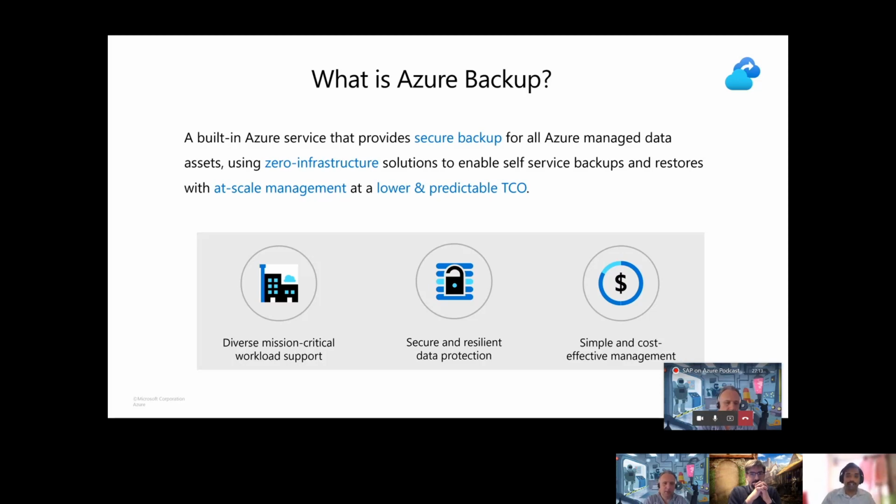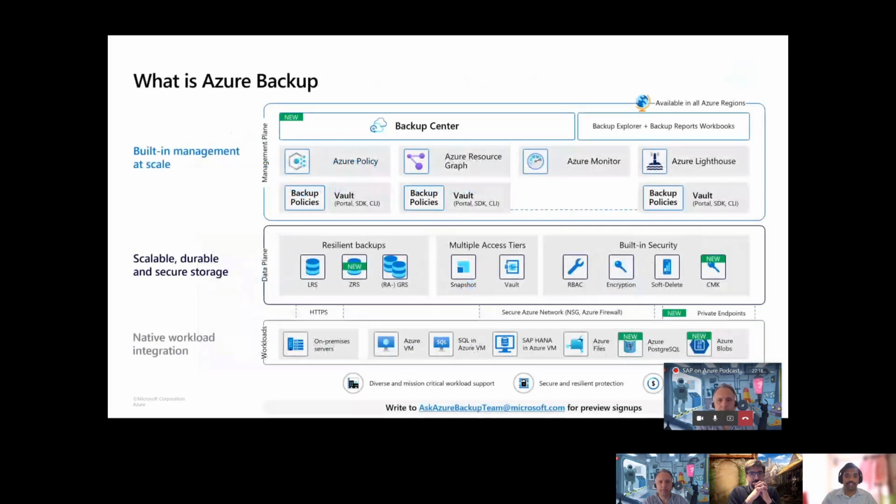And in the next slide, I've tried to show how these pillars translate into the entire stack. In this slide, you can see that the pillars we discussed earlier are at the bottom, and let's start from bottom to top. At the bottom, with respect to diverse and mission-critical workloads, there is a huge array of workloads that we protect.